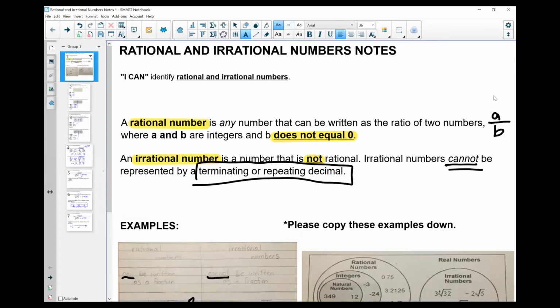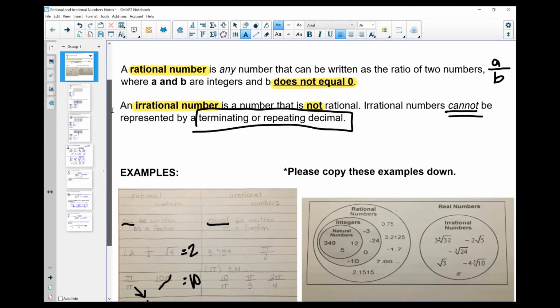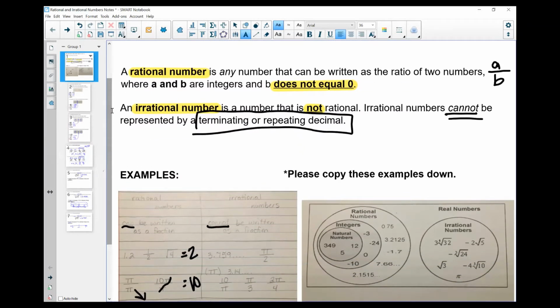All right, so last Monday, we talked about rational and irrational numbers. I can identify rational and irrational numbers. As you can see here, a rational number is any, circle or underline any, because I have that in italics and can't circle or highlight it at this point.